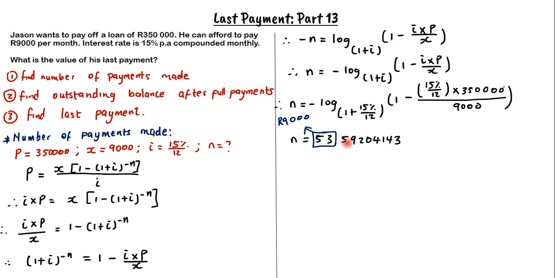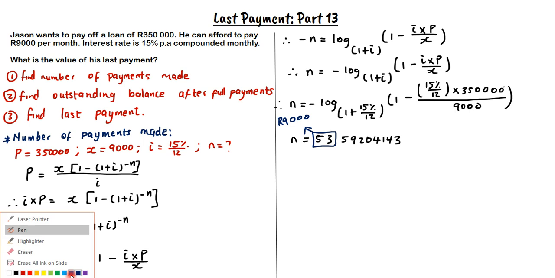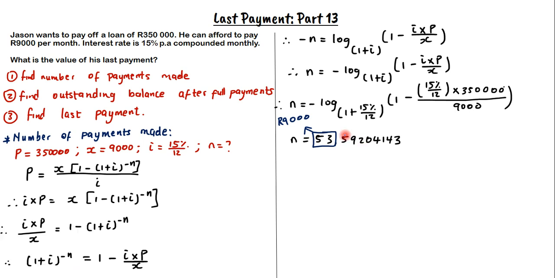And then this value right here, the decimal part, it was a payment, but this payment was less than 9,000 rand. So in this video, that is basically what we're trying to find. We're trying to find what is this actual value if it's less than 9,000 rand.